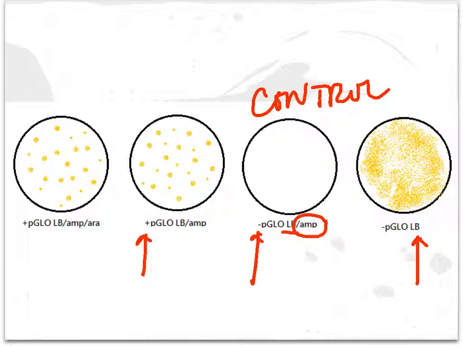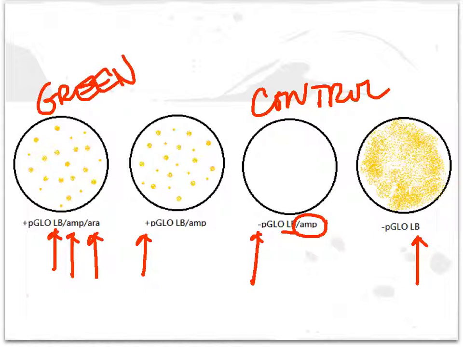Finally, the third type of nutrient agar plate has the LB broth, ampicillin, and arabinose. If there's arabinose, then the regulatory protein C will be activated, thus activating the green fluorescent protein, the GFP. So the bacteria that have incorporated the plasmid should be fluorescing green.